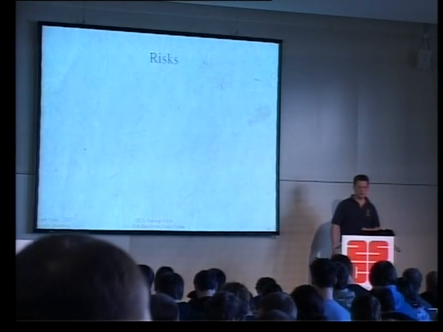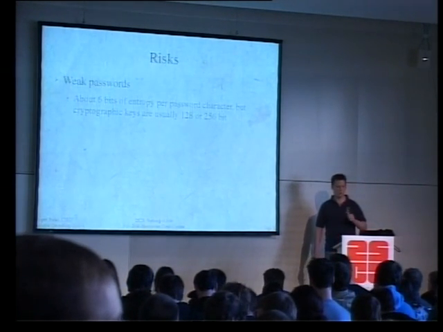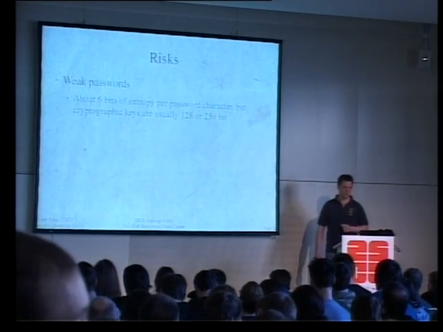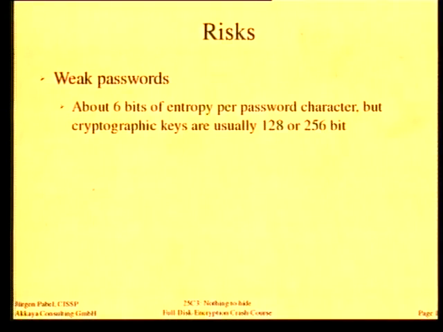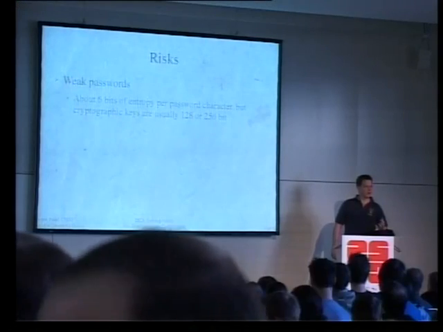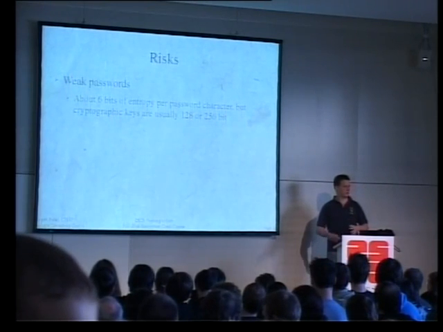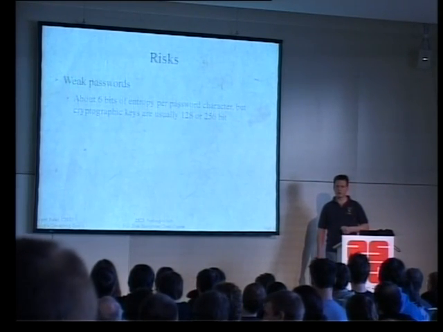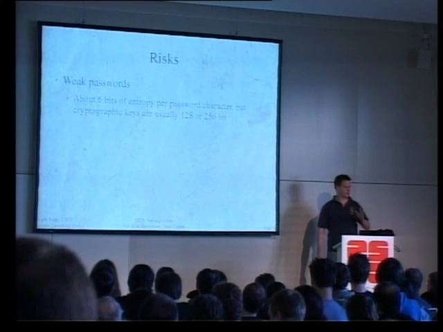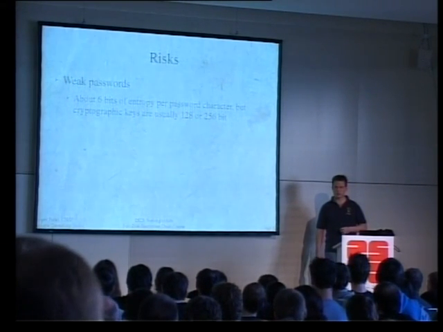But the prime risk, the number one risk, is weak passwords. I know this crowd is a little different than other crowds, so usually people think, okay, 8-character passwords are pretty safe, and it's established that this is the minimum for corporate environments. But if you look at encryption, a password character only gives you about 6 bits of entropy, that is randomness, and this is really if you use uppercase, lowercase, digits, and some special characters.